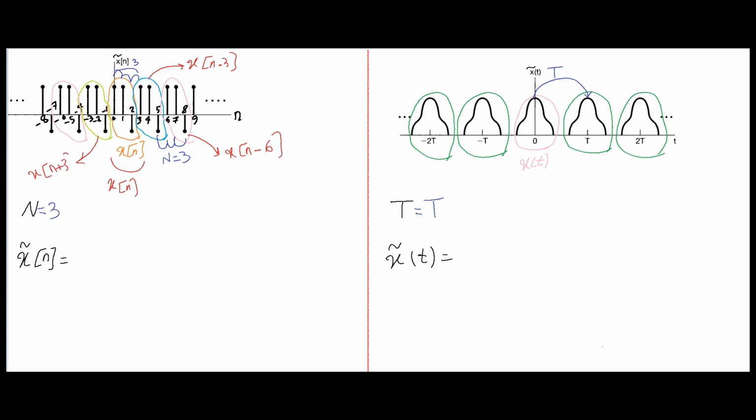And similarly, we can write x[n + N], x[n + 2N], and so on. The periodic signal is simply the sum of all these shifted versions of the template.